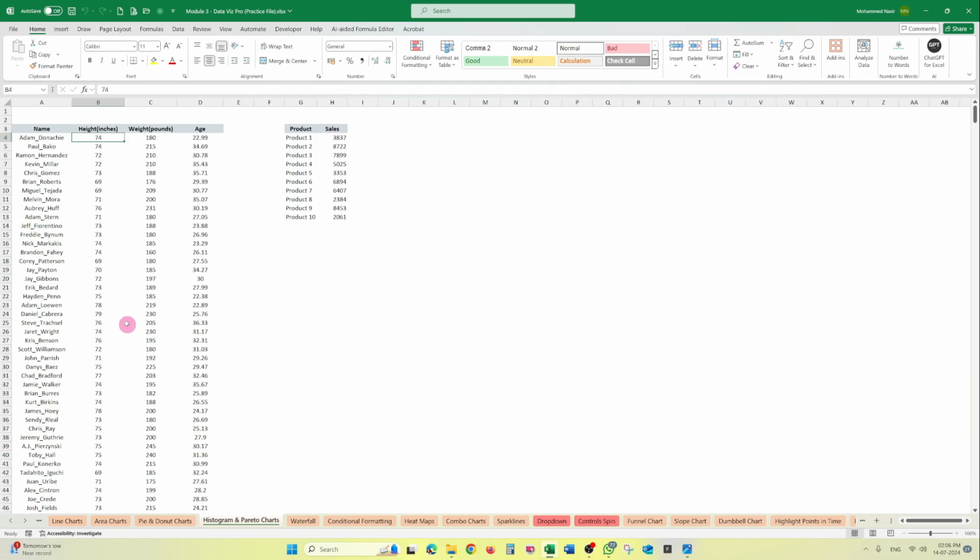Based on their height, weight, and age, we may decide what size of cloth they may require. So I have to keep it in my inventory according to the requirement of the place. If I want to see what would be the requirement of size L or M or XL based on their height or weight, I can decide by creating a histogram chart out of this data.